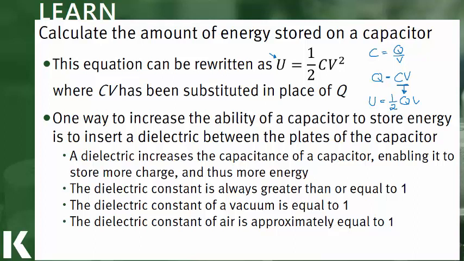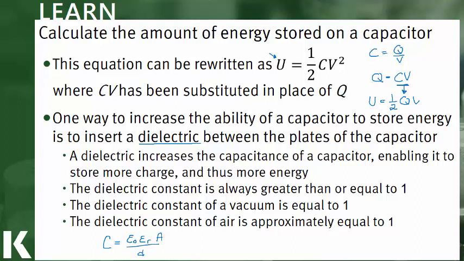Now, one way we can increase the ability of a capacitor to store energy is to insert a dielectric between the plates of the capacitor. Dielectrics are covered in earlier videos on capacitors, but let's just look at how this works in terms of this equation. Our capacitance equation, C is equal to epsilon naught epsilon R, area over distance.